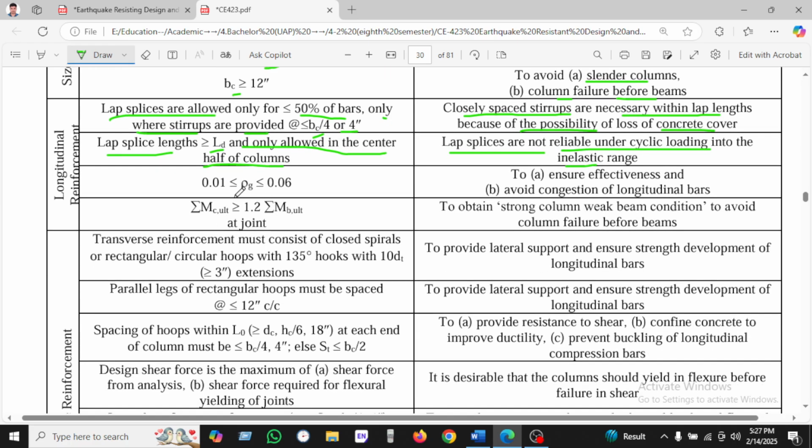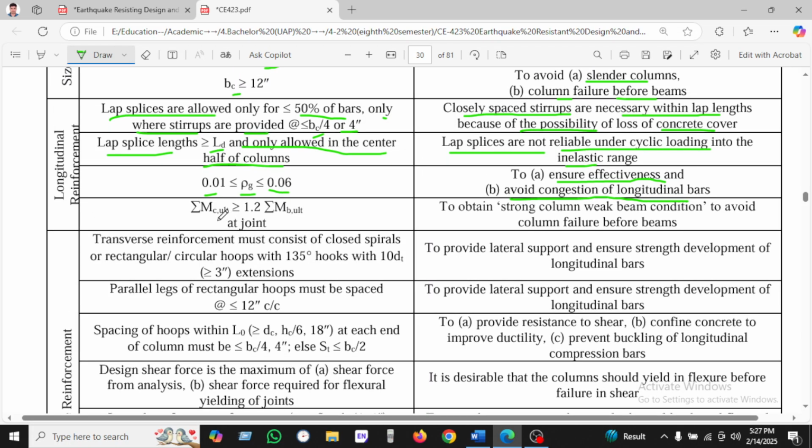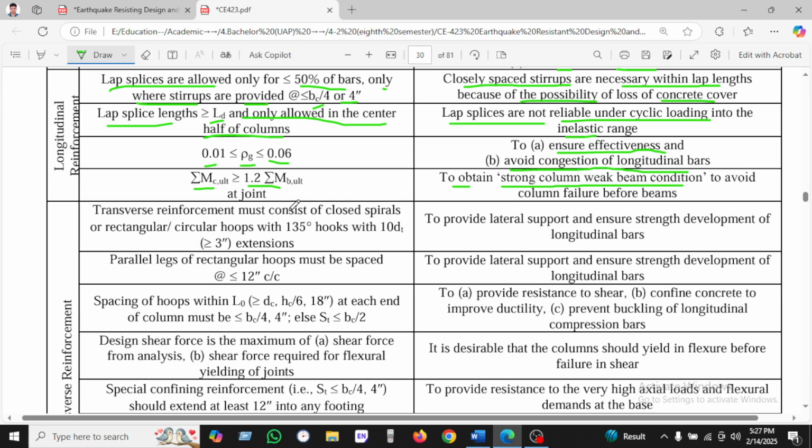Okay, so rho will be between 0.01 and 0.06 to ensure effective anchorage of the longitudinal bar. And we can see here a strong column with weak beam condition, where the column moment will be greater than 1.25 times the beam moment, to avoid column failure.